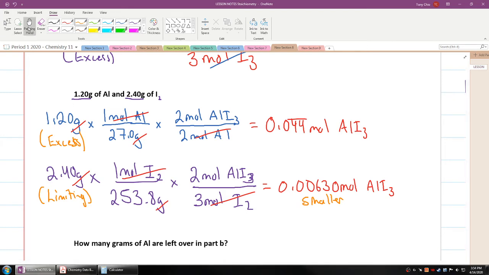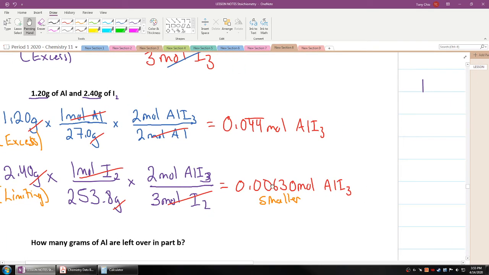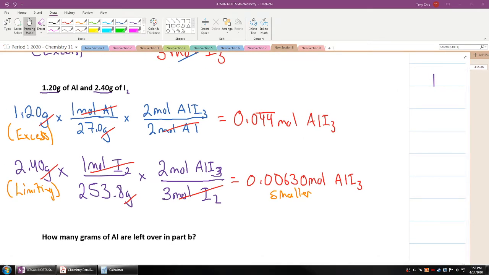What that means is your iodine, all 2.4 grams of it, will get fully used up before your aluminum gets used up. And once you produce 0.00630 moles of aluminum iodide, this reaction will stop because all of your iodine would have been used up. So let's calculate our theoretical yield then. In this case, our theoretical yield will be based on our limiting.